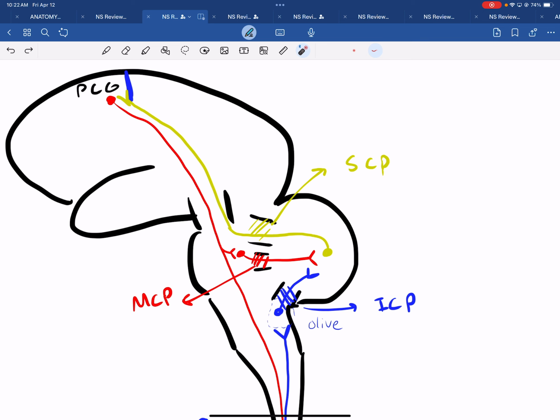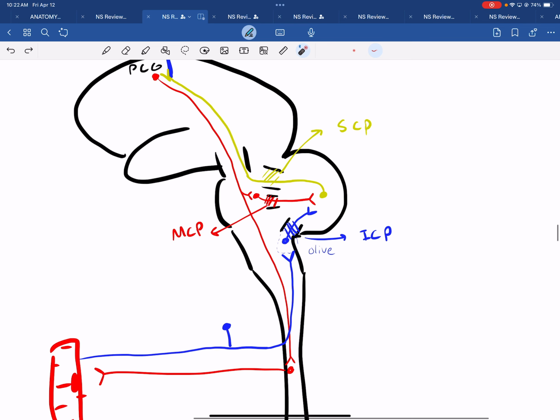Well, the primary motor center sends information to both the cerebellum and to the muscle. Mm-hmm. But then it returns for correction. So the primary motor center sends information through the middle cerebellar peduncle to the cerebellum.